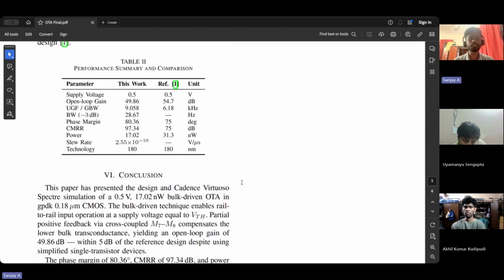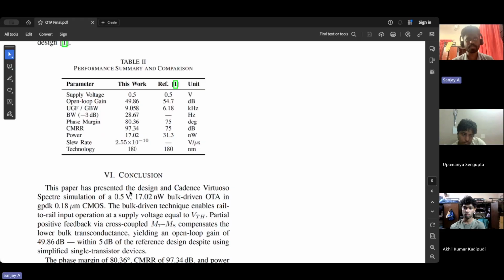To summarize what we have built: a 0.5 volt, 17 nanowatt bulk driven OTA that achieves 49.86 dB gain, 80.36 degree phase margin and 97.34 dB CMRR, simulated and verified in Cadence Virtuoso Spectre on a 0.18 micrometer CMOS process. Every design choice in this circuit is driven by physics. Bulk driven input for zero VTH headroom cost.